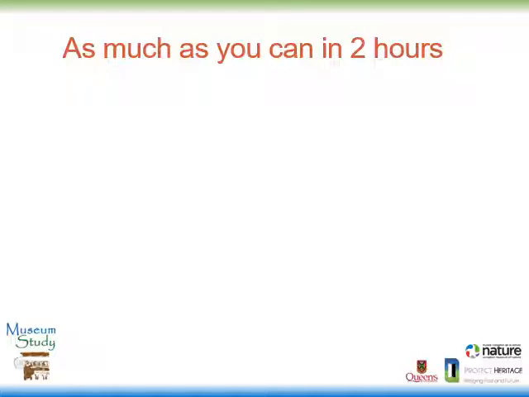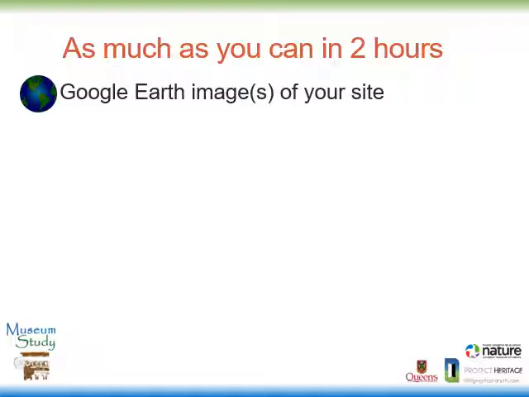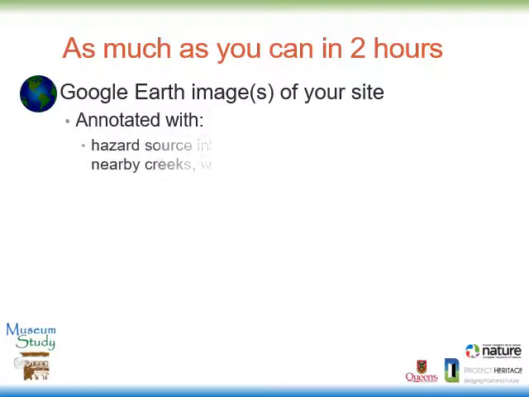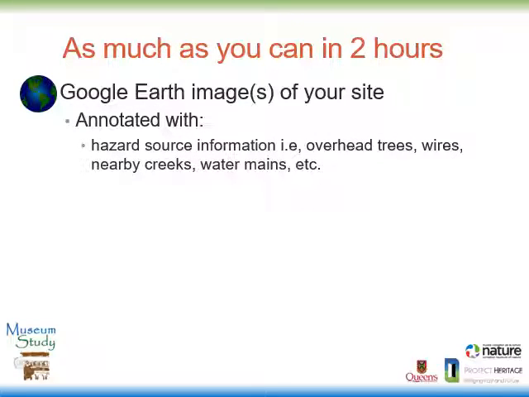Now, what we'd like you to do this week, in as much as you can in about 2 hours, is find the Google Earth images for your site, print them out, or copy them onto a PDF or picture that you can do some electronic editing over, and annotate them with some hazard source information, perhaps highlighting overhead trees, overroof wires, nearby creeks that could flood, if you can get the information where your water mains are, and actually you may be able to find some information like that.